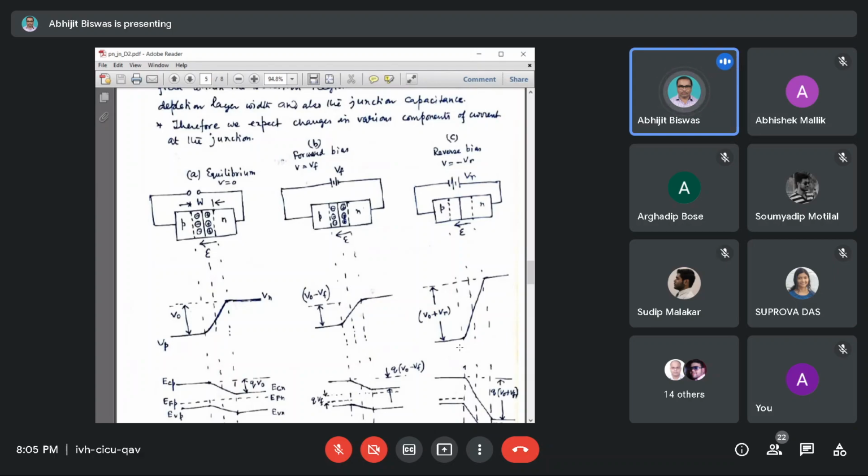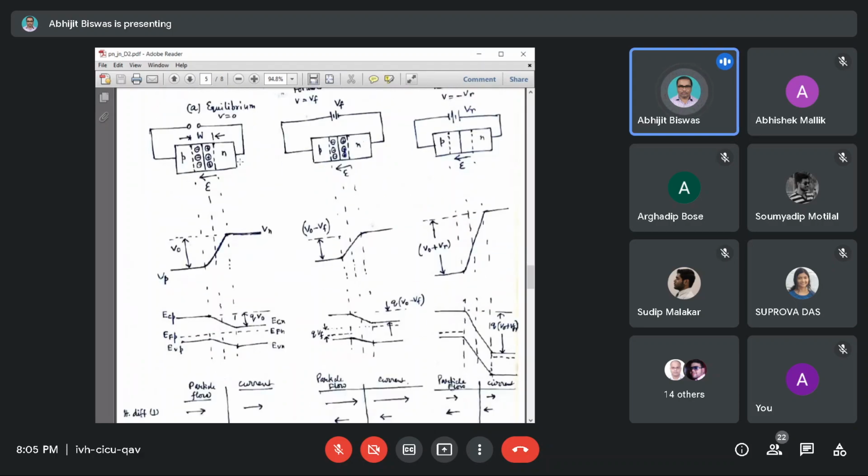That means the positive terminal of the battery is connected to the P side, and the N side is connected to the negative terminal of the battery. And in case of reverse bias, the negative terminal of the battery is connected to the P side, and the positive terminal is connected to the N side.